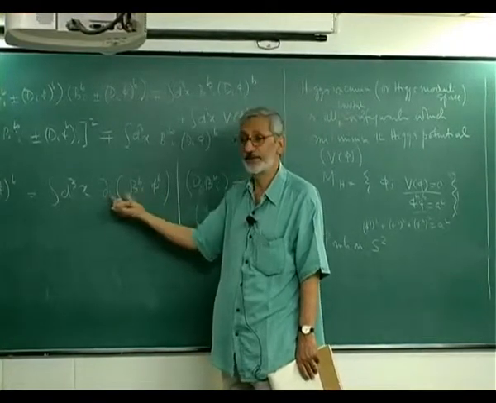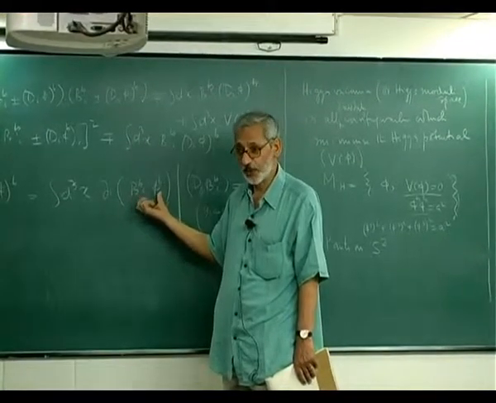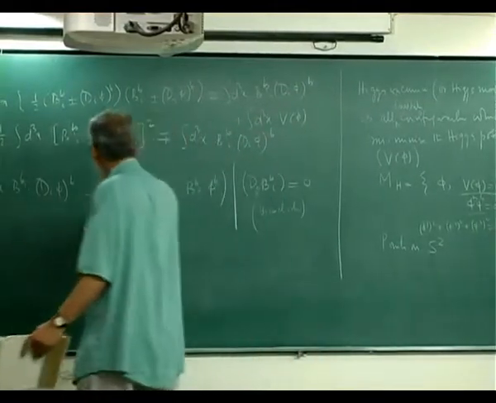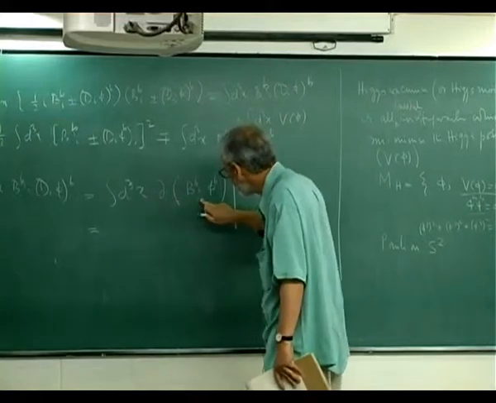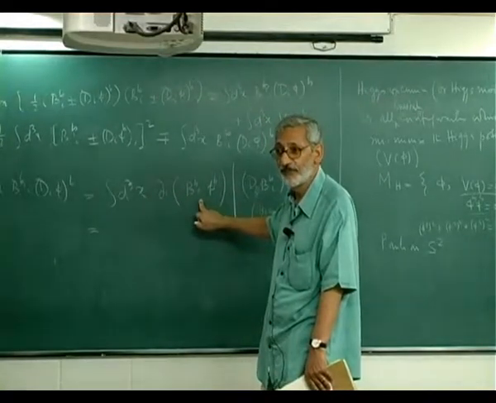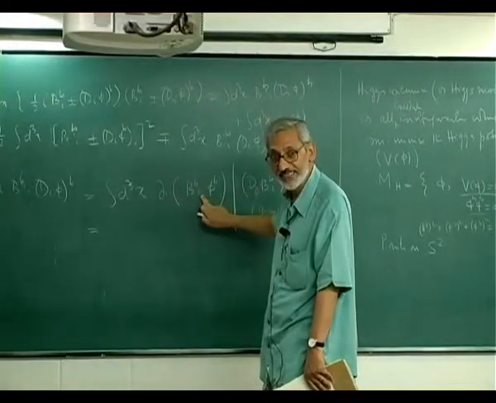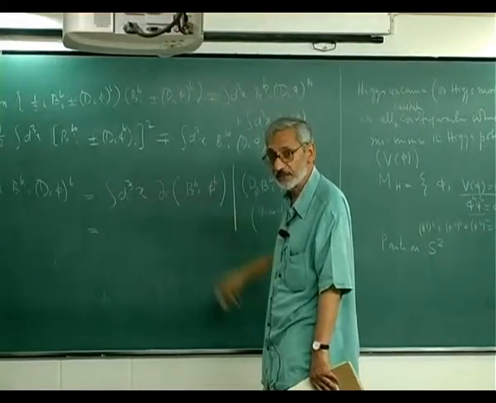There is no covariantization needed. Okay? So this is an ordinary derivative. Now, it is a divergence of a vector, because in ordinary space this object is a vector i, so this is a divergence of a vector.